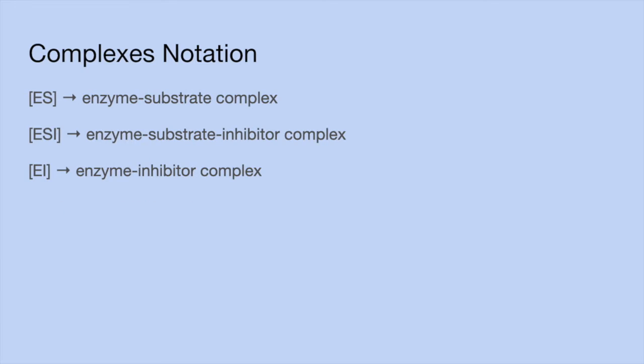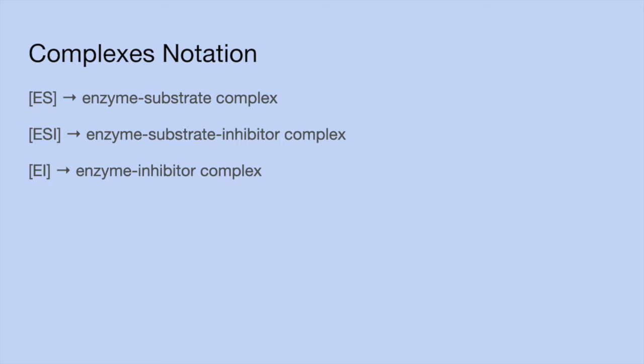As mentioned before, there are going to be three types of complexes that can be formed across the different inhibitor behaviors for inhibitor, enzyme, and substrate interactions: the ESI complex, the EI complex, and the ES complex. We will be notating the ESI complex as capital letters E, S, and I, and then the concentration of the ESI complex with the capital letters E, S, and I with brackets around them.